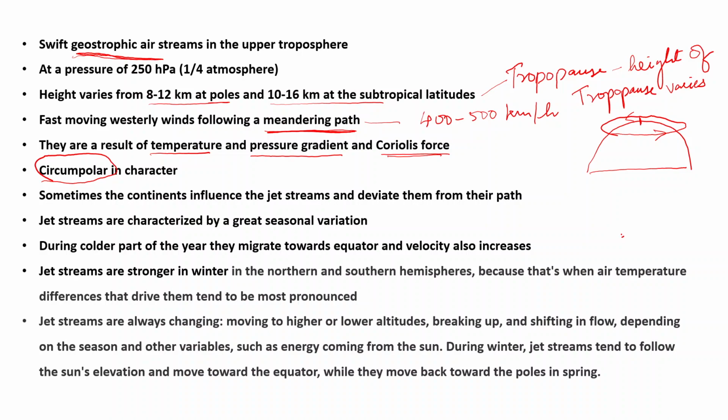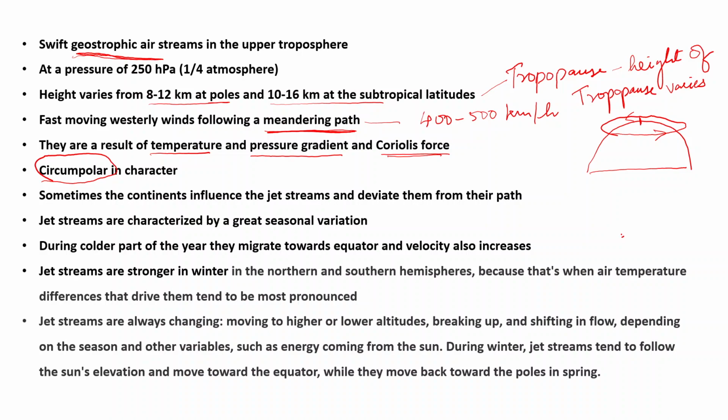Sometimes the continents influence the jet streams and deviate them from their path. So that is why many a time you will see that when the jet streams operate, they show a lot of bending and they deviate from their path which goes from west to east. We'll also see why they move from west to east.